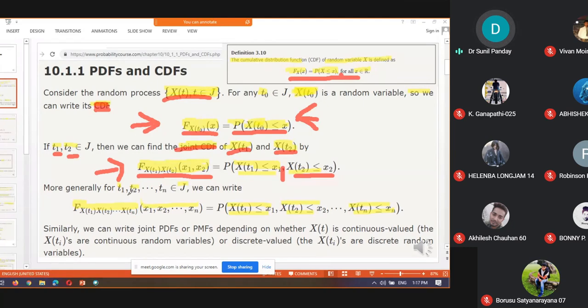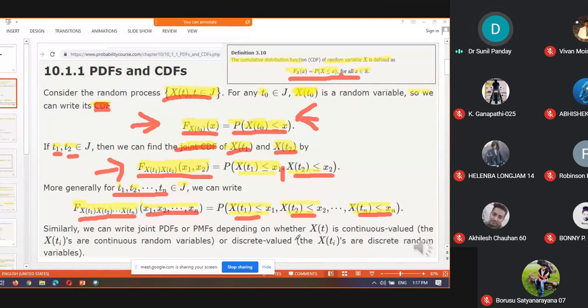More generally, if we take n instants of time, t1, t2, ..., tn, and want to calculate the joint cumulative distribution function of these n random variables, where each x_i moves from minus infinity to plus infinity, it is defined as the probability of the intersection of all these events.